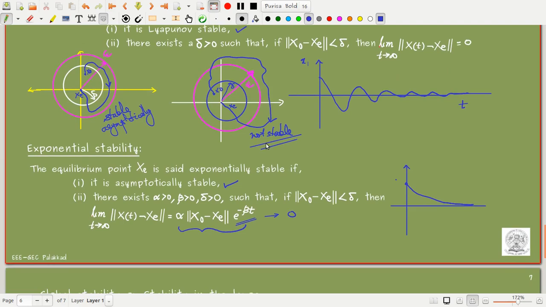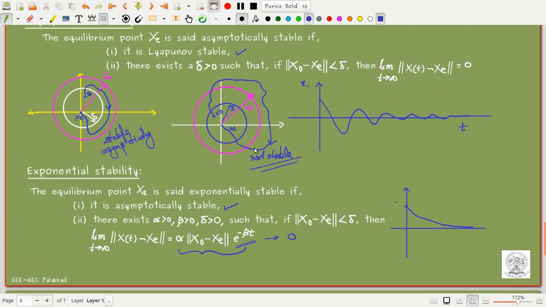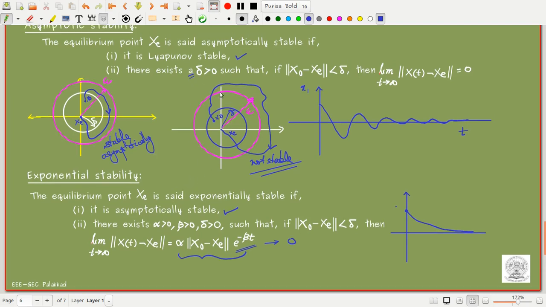And in all the three cases, we had given only one initial point and said that there exists an initial point inside the delta ball, then I can say that the system is stable, the system is asymptotically stable, and the system is exponentially stable.